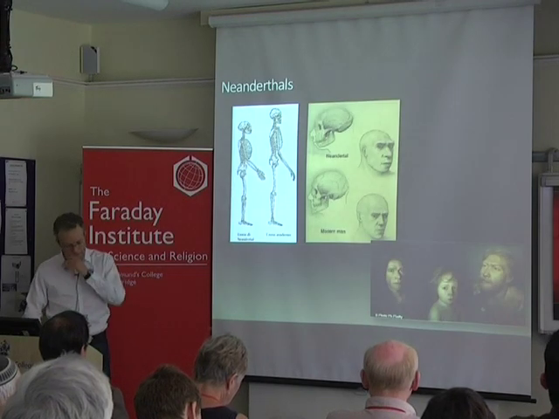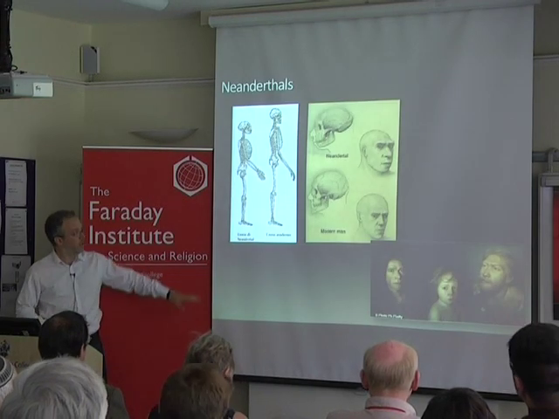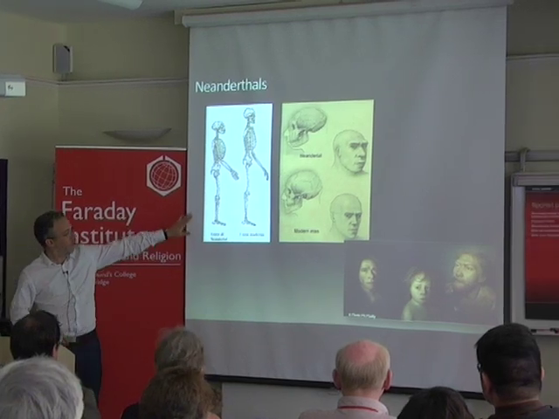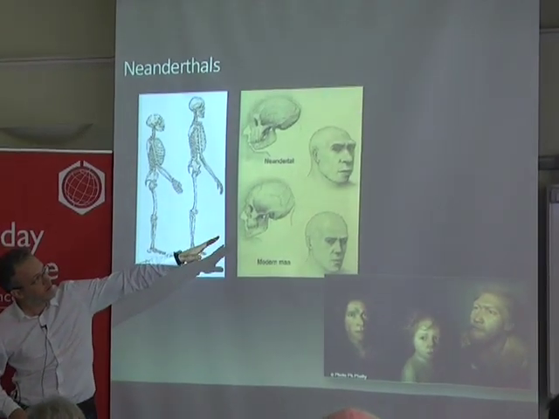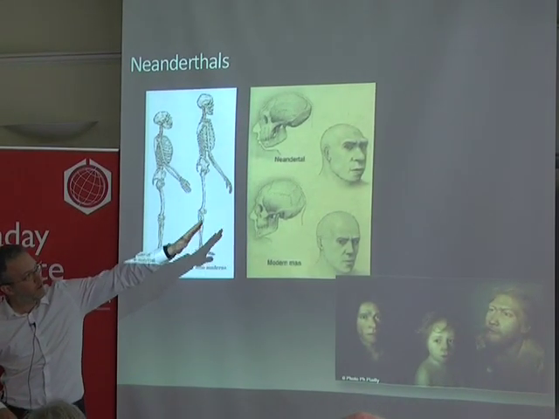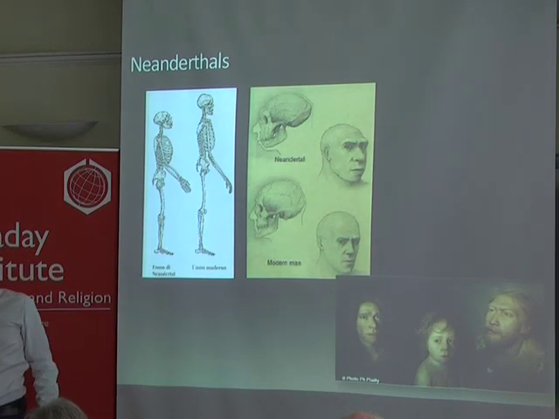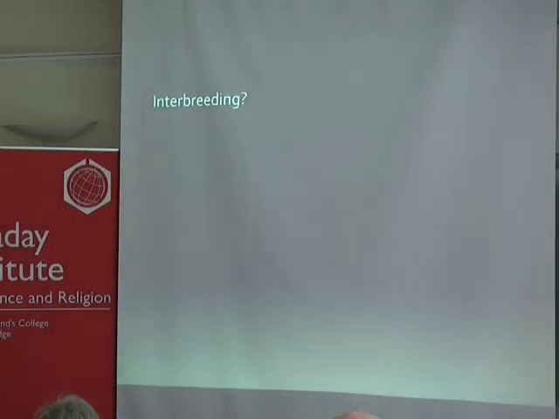This is just some graphics showing you the difference in morphology between Neanderthals and humans, reconstruction of faces. So probably if a Neanderthal now would wear modern clothes in the street or on a rugby field, you wouldn't recognize it.